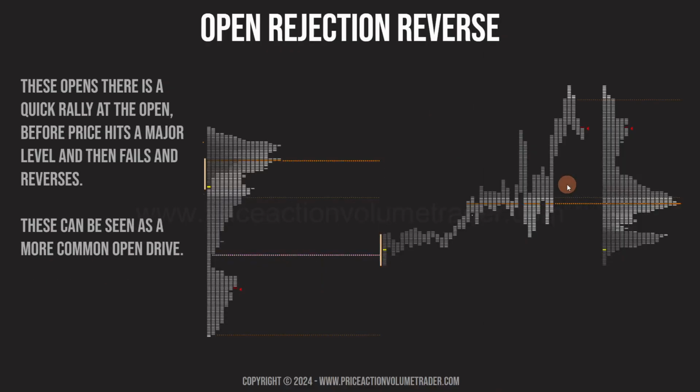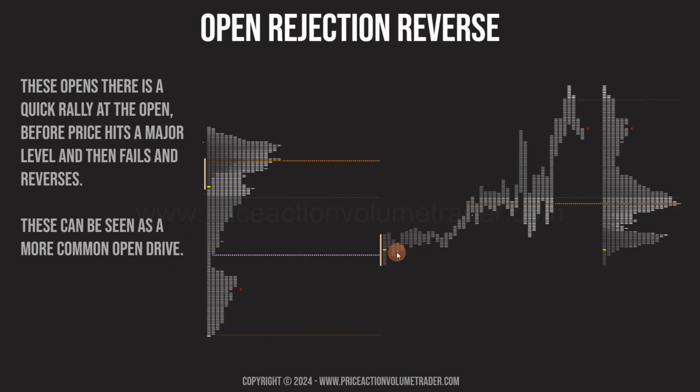Okay, next one, we have the open rejection reverse. So this opens, there is a quick rally right at the open before price hits a major level, and then fails to continue the momentum and reverses. This can be seen as a more common type of open drive.